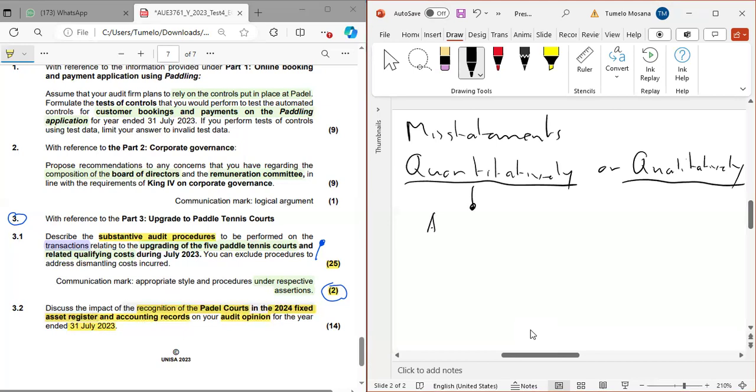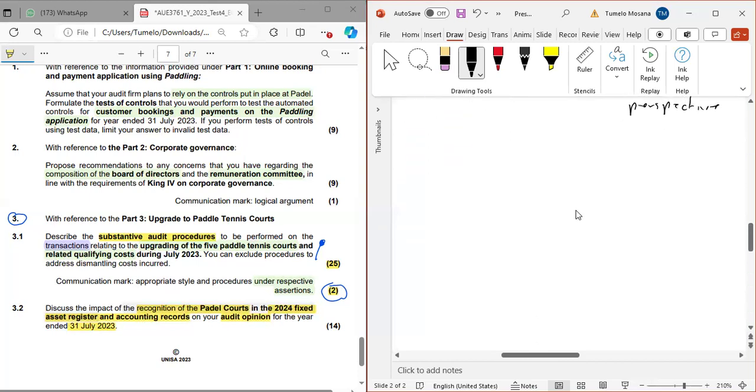Quantity, it's amount. You look at misstatement from the amount perspective. Then with qualitative, you look at misstatement from a non-financial perspective.